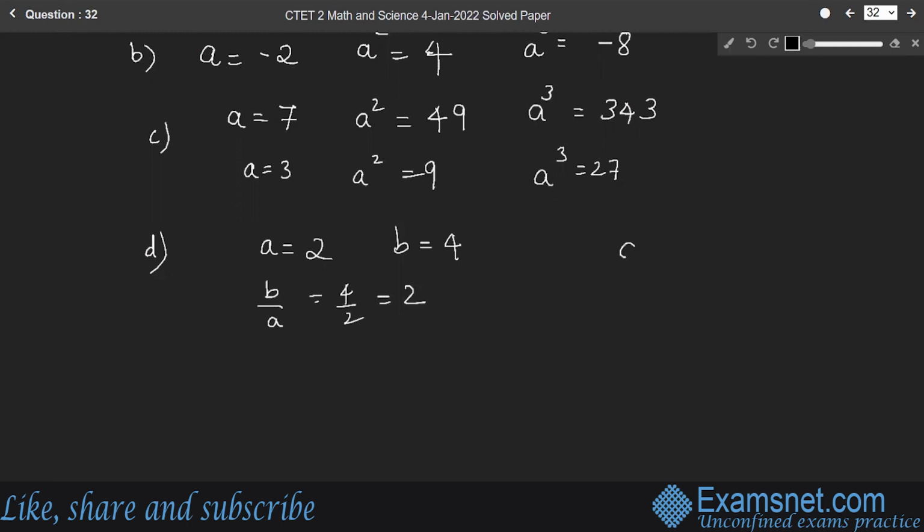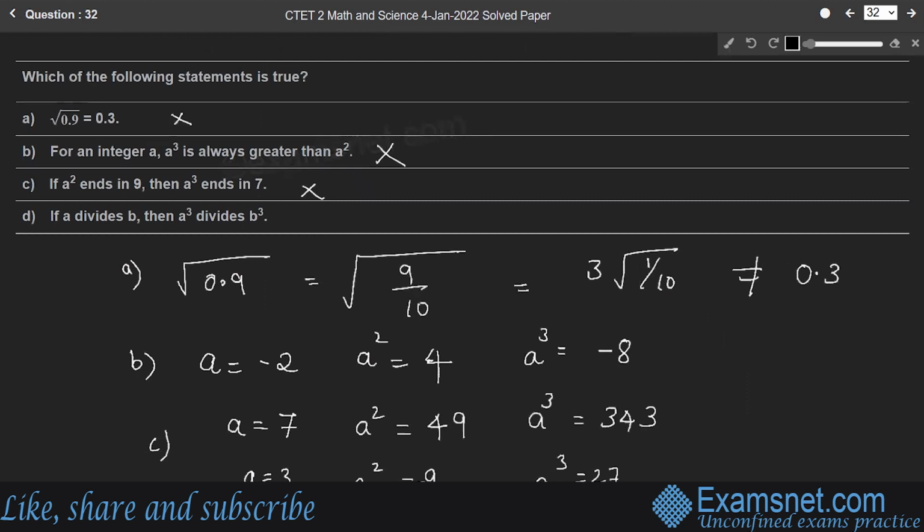Then a cube is 2 into 2 into 2, that is 8. b cube is 4 into 4, 16, 16 into 4, 64. Then b cube by a cube is equal to 64 by 8, that is 8. So the remainder is 0. So it divides the cube completely. Therefore, option D is the right answer.